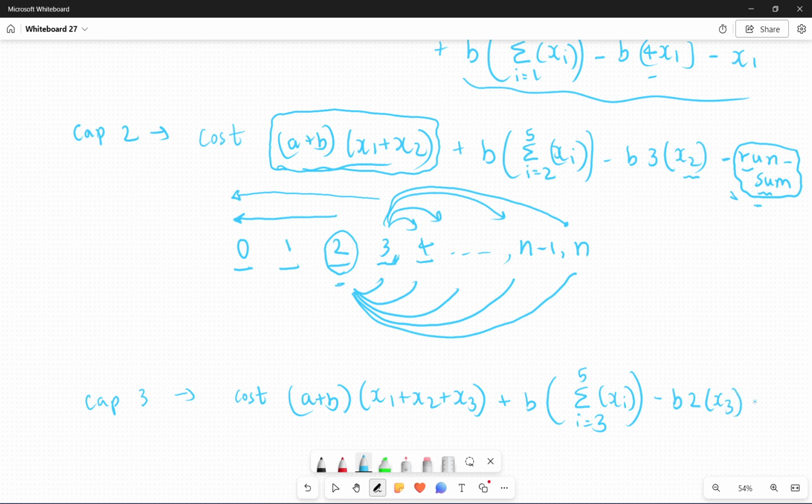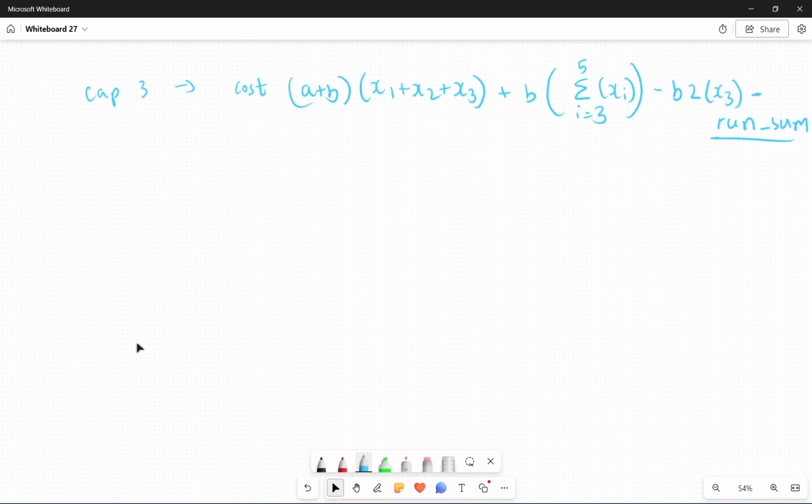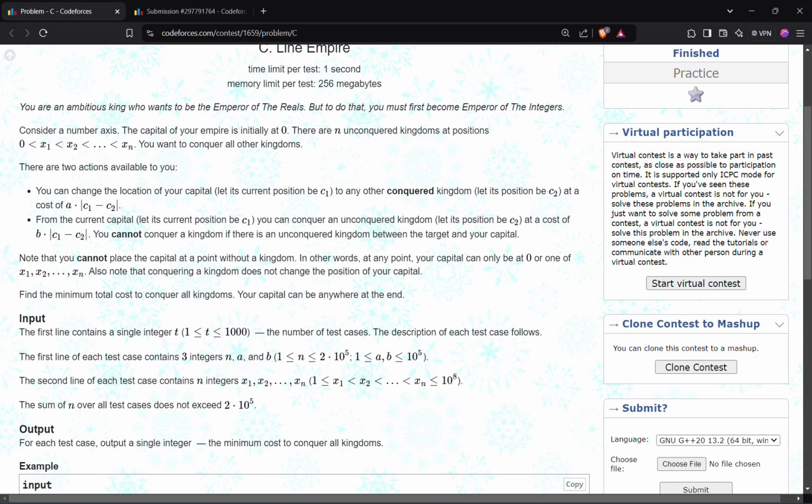Now capital is at 3 minus the running sum till the third index, right? So yeah, are you convinced that we can do this in O of n time, right? So let us head towards the code.